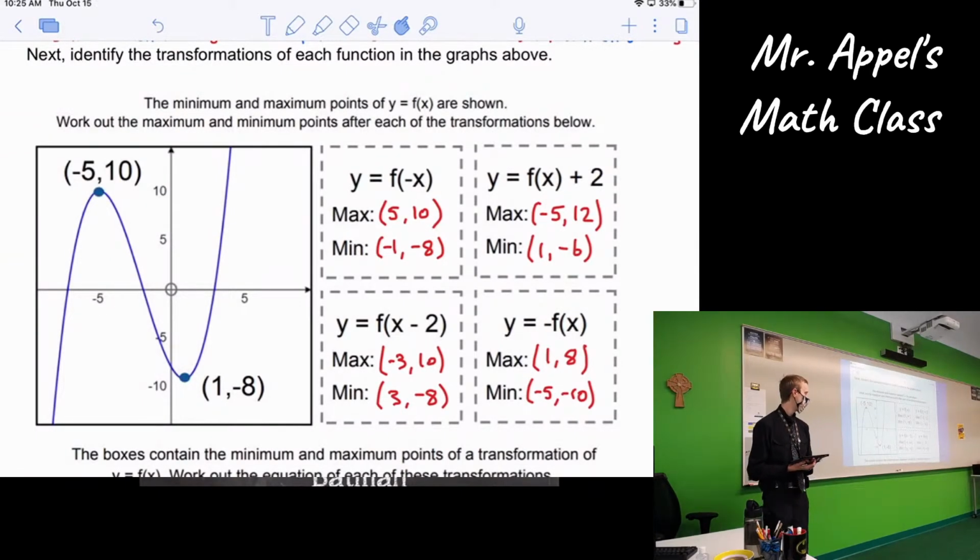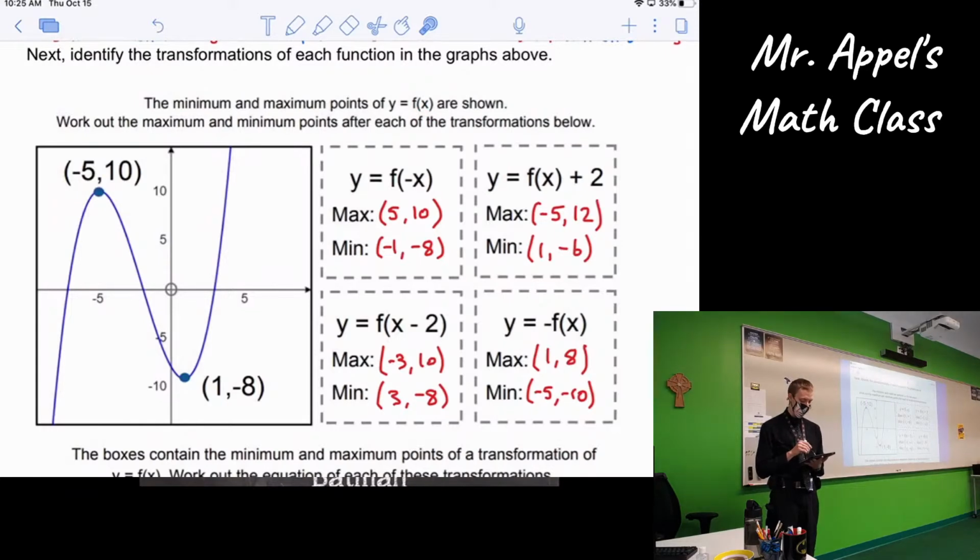Now we start getting into tougher territory. Maximum and minimums. How does the transformation depicted as an equation of just f of x? They don't tell you the function. It's clearly some kind of a cubic thing, but we're not given the actual equation. We're just told this is f of x.